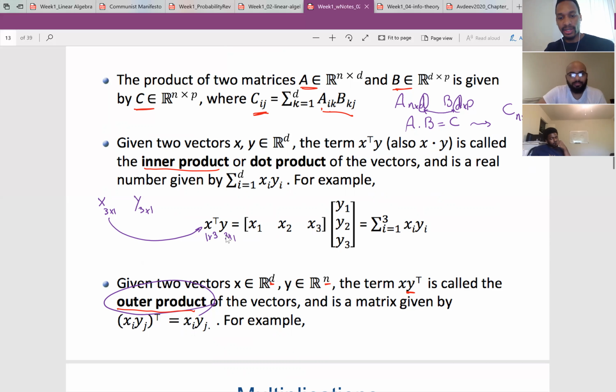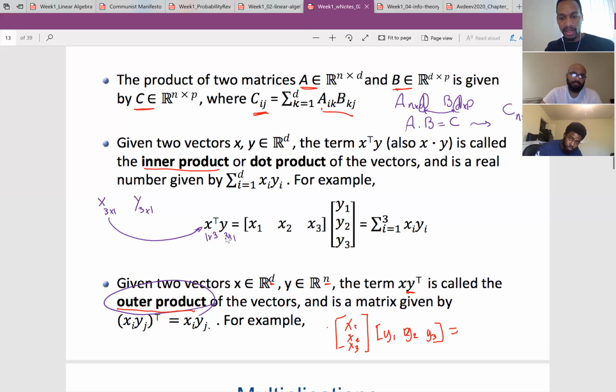So instead of X transpose Y, you'll have X as 1, 2, 3, and Y as 1, 2, 3.